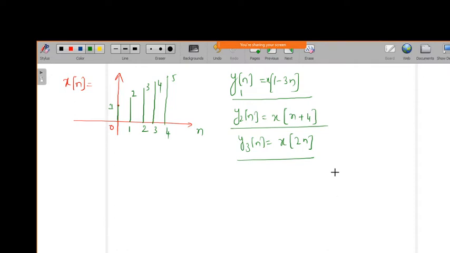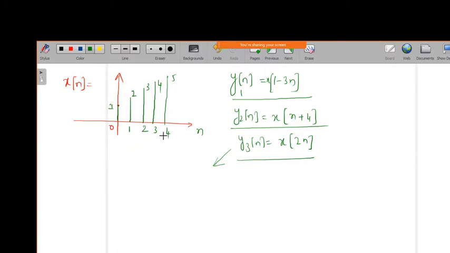Have you done? Got it? Now first we will do y3 of n. You have to divide the index of x of n by 2. Which values exist?